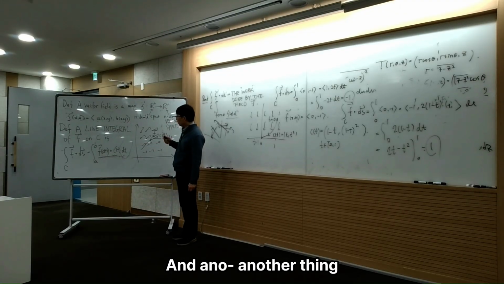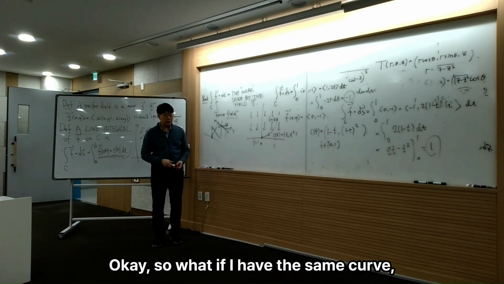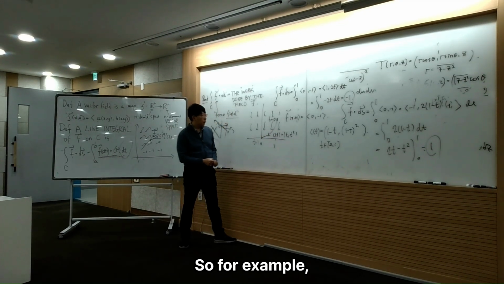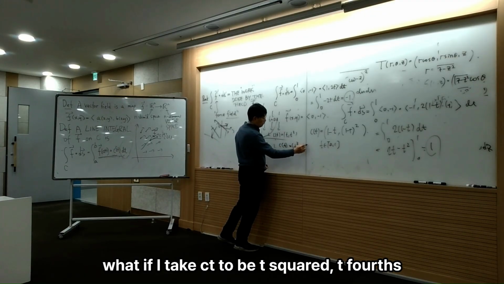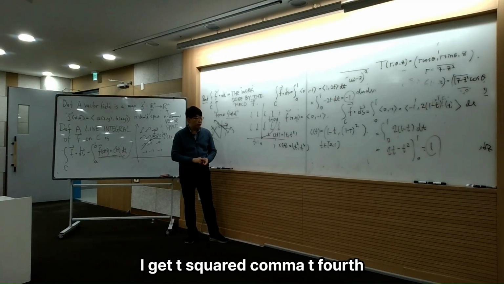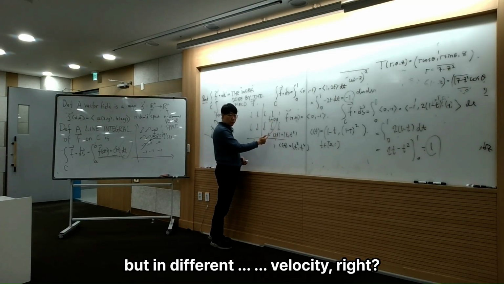Another thing I can mention is, what if I have the same curve but a different parameterization? For example, what if I take c(t) to be (t squared, t fourth)? Instead of (t, t squared), I get (t squared, t fourth). It follows the same curve but with different velocity, right?